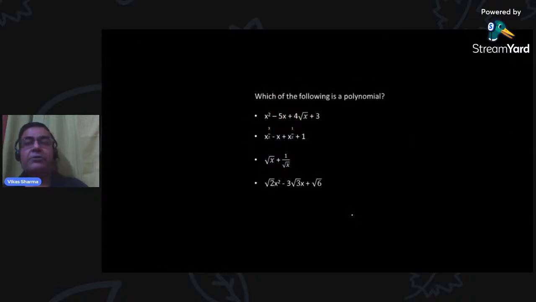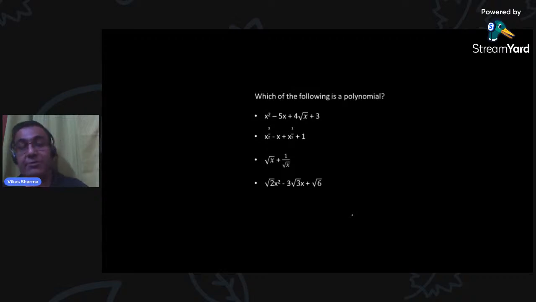And one more thing, I also said to do sit with a notebook and pen. The purpose is that while I am solving the question for you, you should be able to solve it before me. This is a multiple choice question. You'll have to choose which one of the following is a polynomial. Out of the four choices, only one of them is a polynomial.